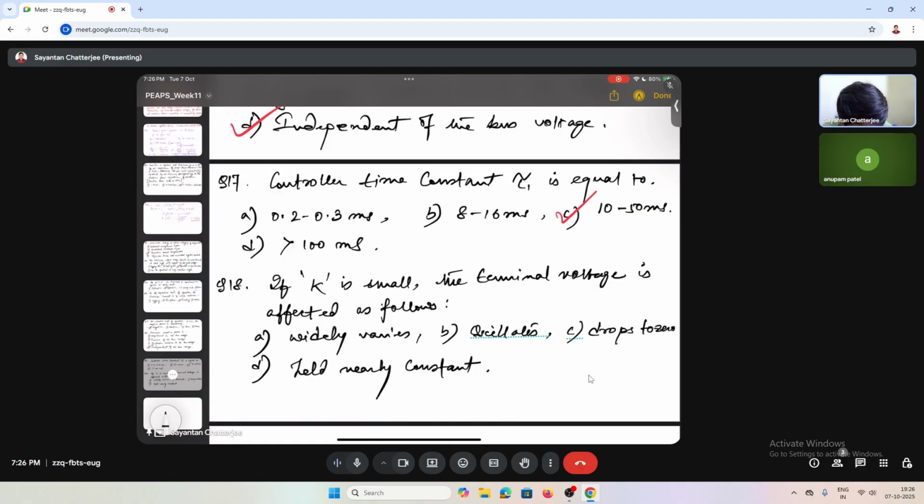K is small. The terminal voltage is affected as follows. With variation of K, unit vary widely.